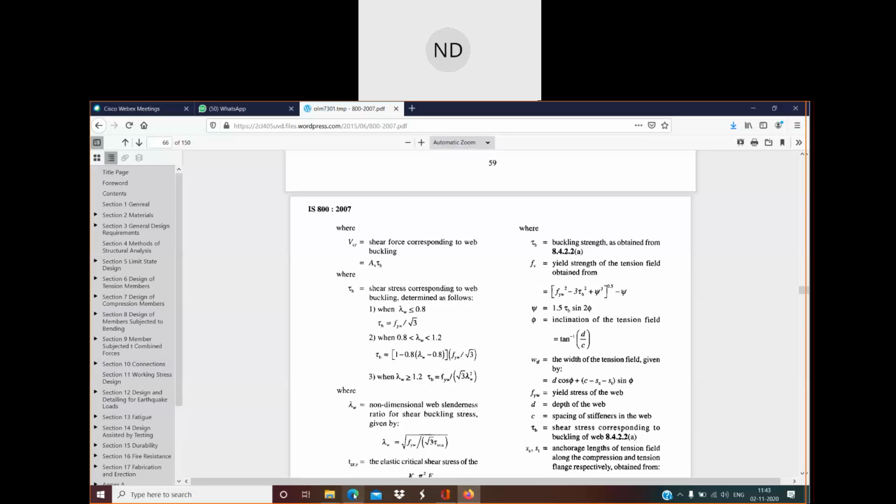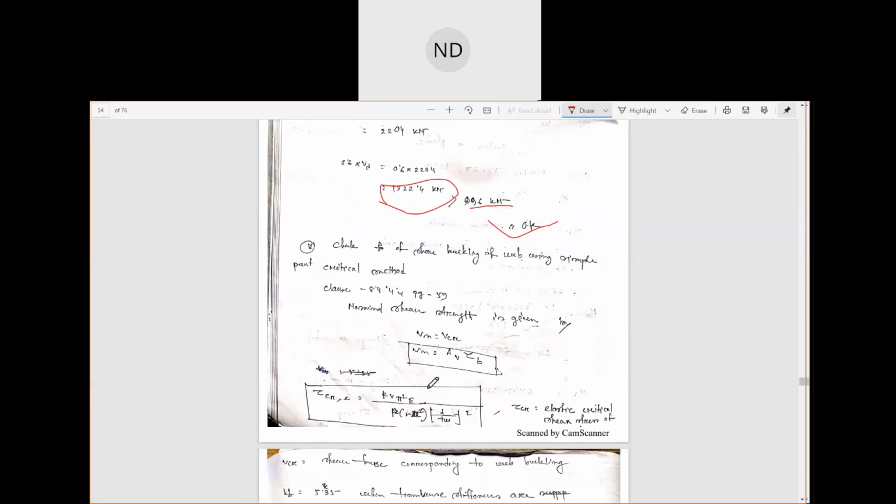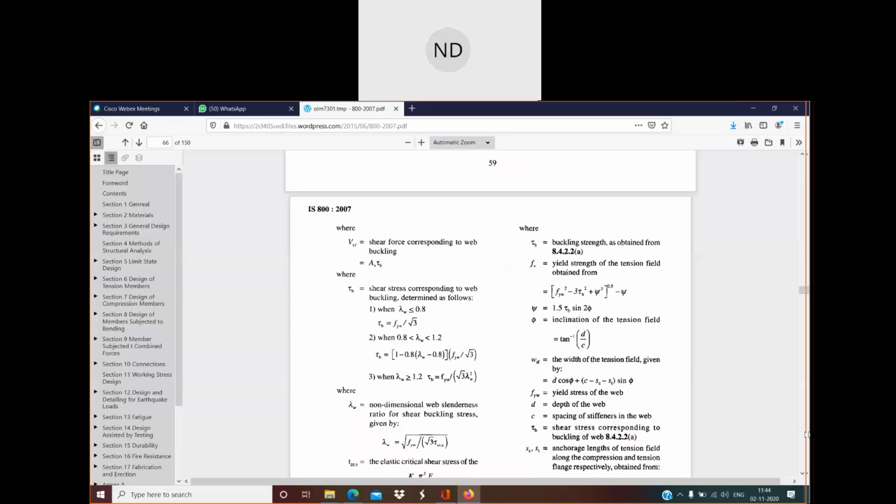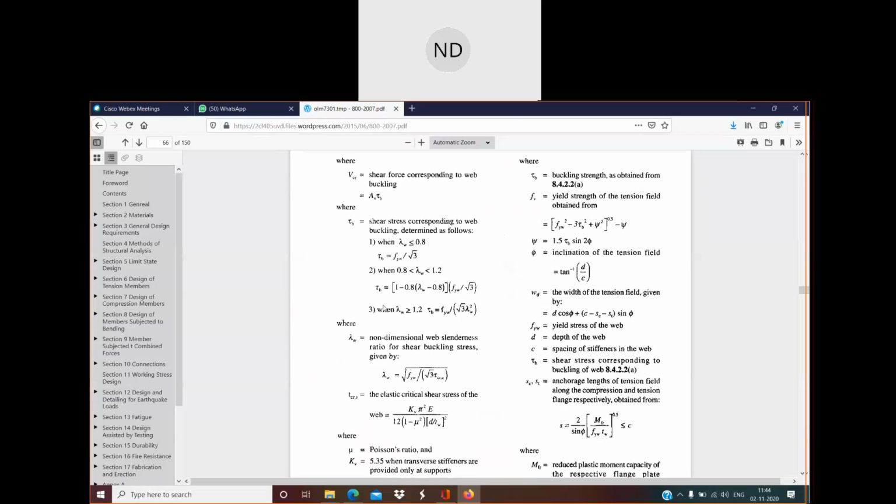So now Vn is equal to Av into tau b. We have to find out Vn, and Vn is Av into tau b. Now what is our tau b? Okay, one more thing. We have to find out this lambda w.